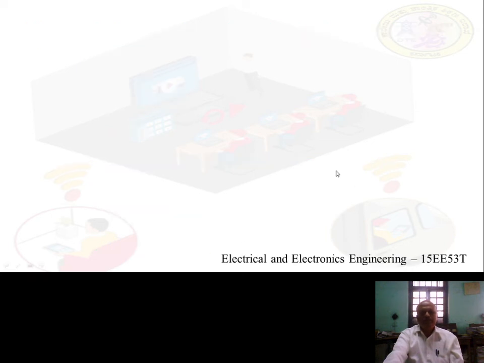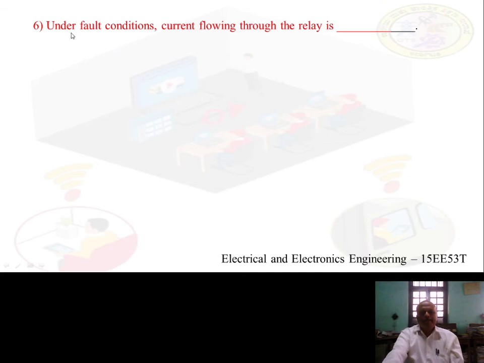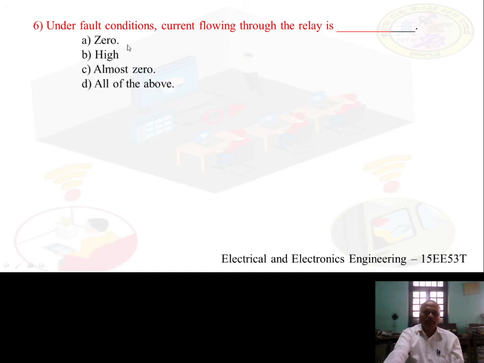Sixth question. Under fault conditions, current flowing through the relay is dash. Your options are A. 0, B. High, C. Almost 0, D. All of the above.